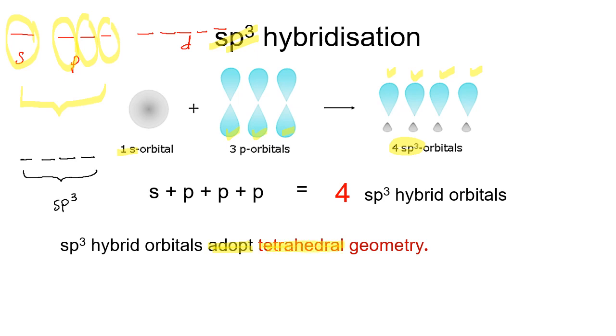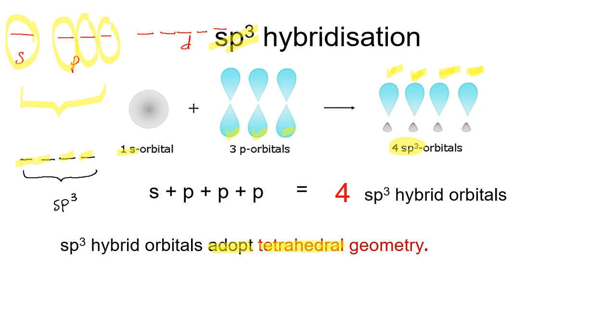Why? Because you have here 1, 2, 3, 4 electron pair. Therefore, each electron will be positioned in each of these orbitals, 1, 2, 3, 4 here.